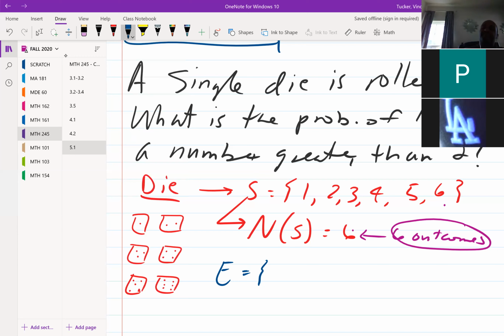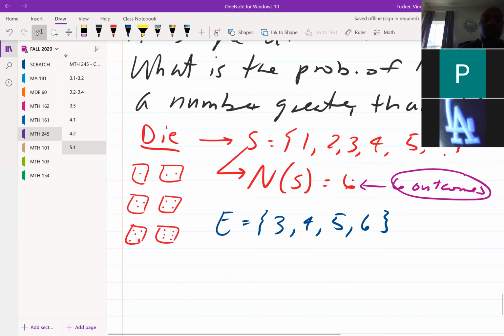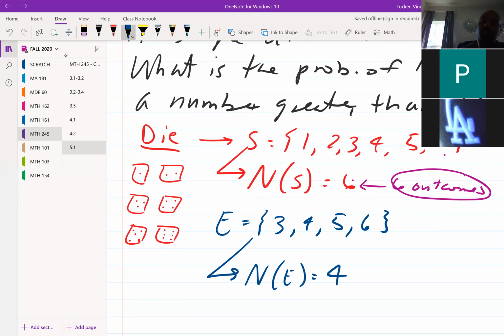Now your event: we're talking about a number greater than 2. So you're looking at 3, 4, 5, and 6. The number in the event would be 4 because I have 4 outcomes. 4 over 6.